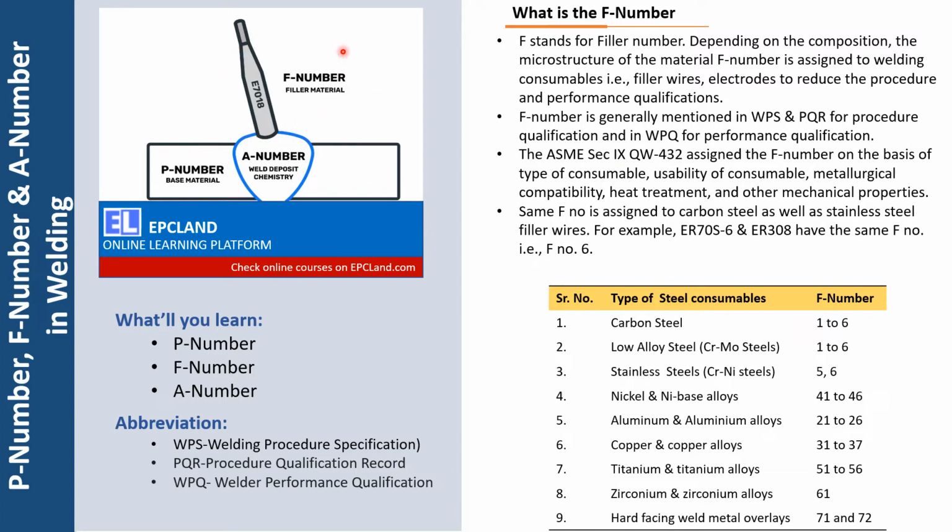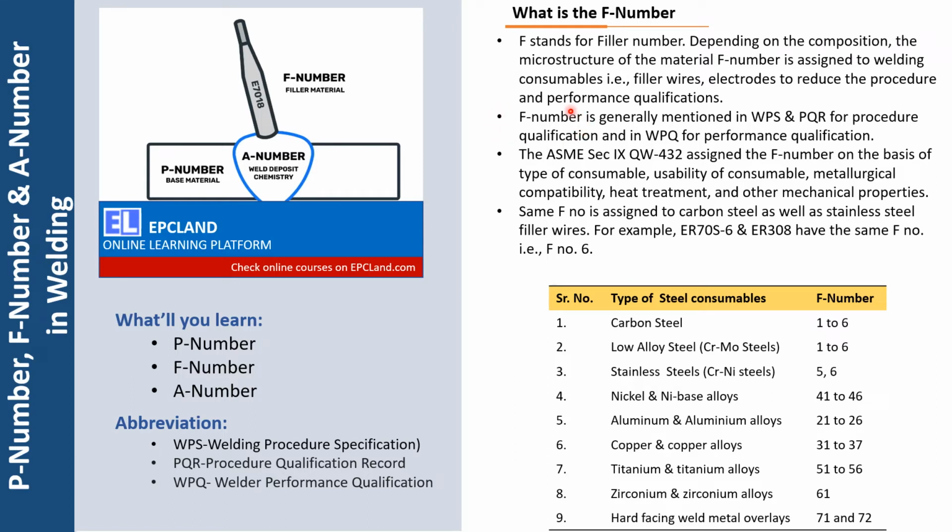What we are trying to understand out of F number is we are assigning a number to the welding consumables, that is filler wires, electrodes, to reduce the procedure and performance qualification. Once we allocate an F number with respect to code, we are standardizing our procedures. We don't have to reinvent the wheel. Once we know this belongs to this F number, that means we are aligned with the code requirements.